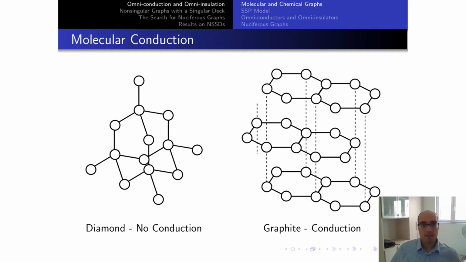Because of this, there is no conduction, because in order to have conduction, you need to have degree at most 3, and here the degree is 4. So we don't have unsaturated carbon atoms, which leads to no conduction in the molecule. So this is not a chemical graph.